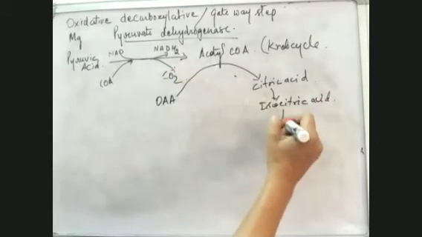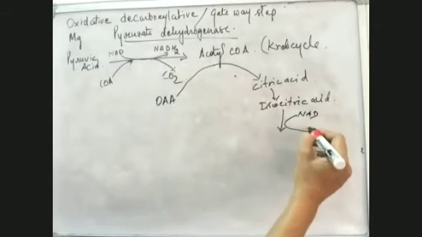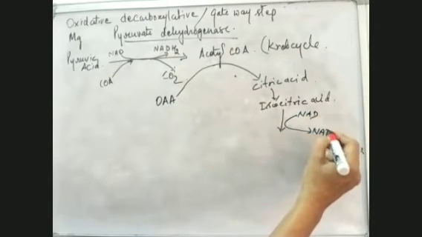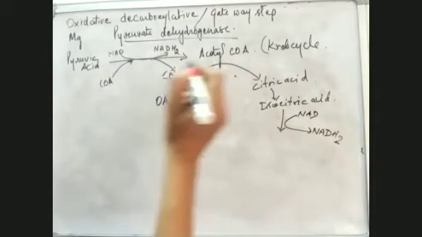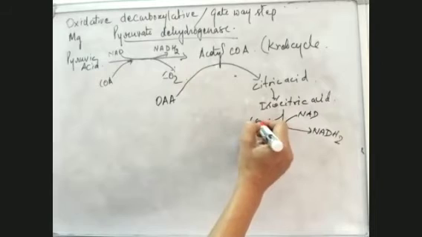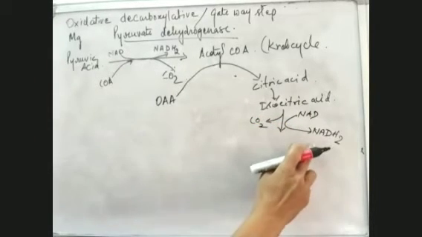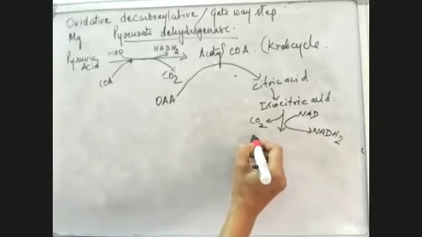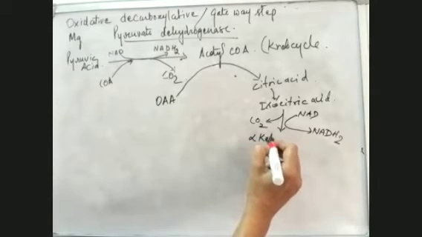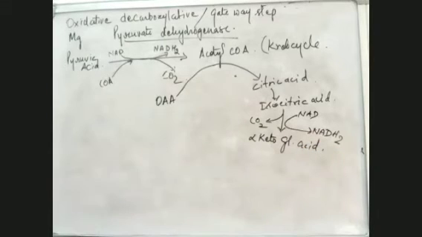Then after this, what happens during the process? NAD gets converted into the high energy compound NADH2 with the release of CO2 here. CO2 is released, it forms NADH2, two molecules of this are formed, and it gets converted into alpha ketoglutaric acid.